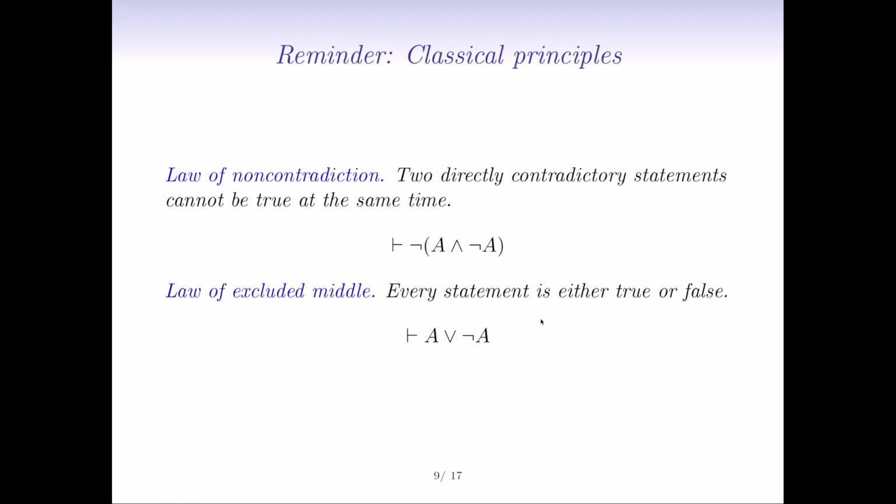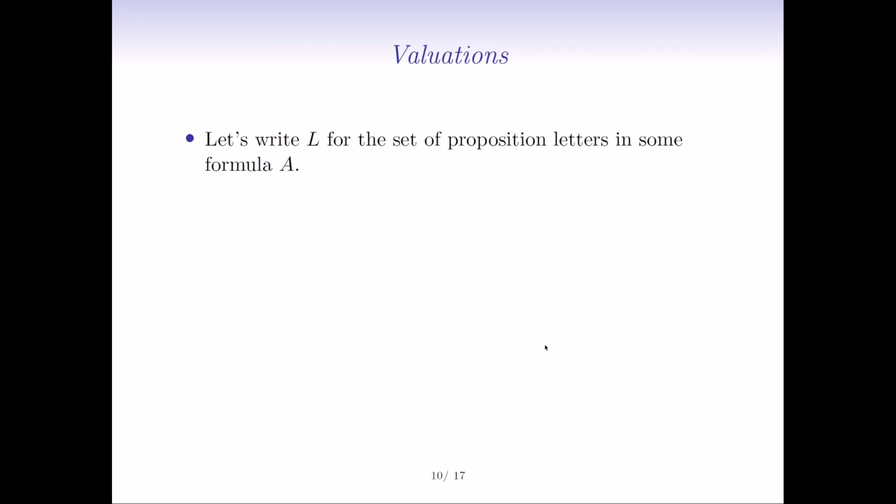Now this gives us the idea of a valuation in propositional logic. Given some propositional logic formula A, let's write the letter L to mean the set of all the propositional letters that are occurring in that formula.